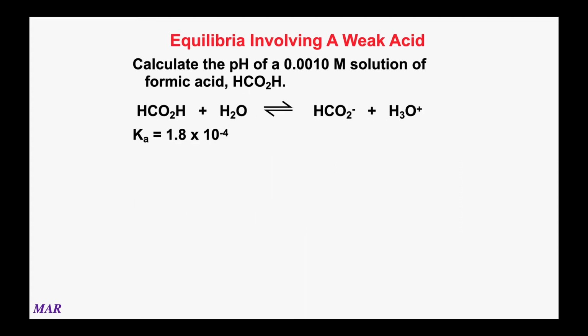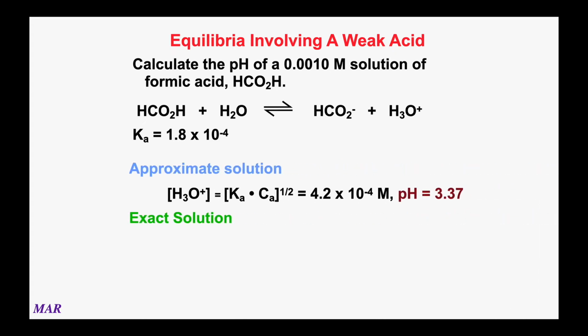So here's an example with formic acid, HCO2H. We have a 0.0010 molar solution of formic acid, and there's the Ka if you look up the table. We want to calculate the pH of this 0.0010 molar solution. Well, this is a weak acid. It has a Ka, and the first thing you might want to do is pH equals minus log square root Ka times Ca, because that is obviously less work than the other way.